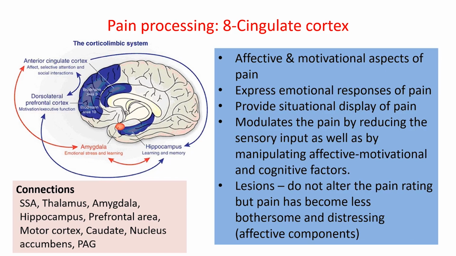The processing in the cingulate cortex provides the emotional expression in response to pain. Whatever may be the type of emotional expression, whether screaming, crying, producing autonomic responses, or dejection, all those things come through this pain.